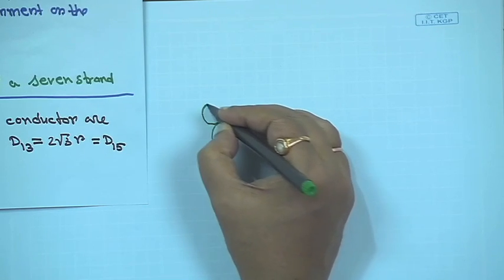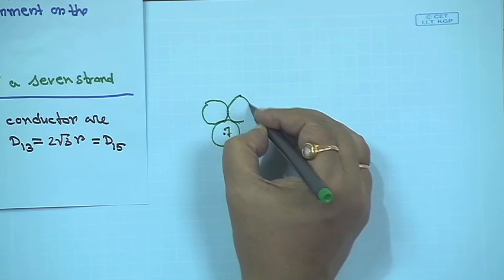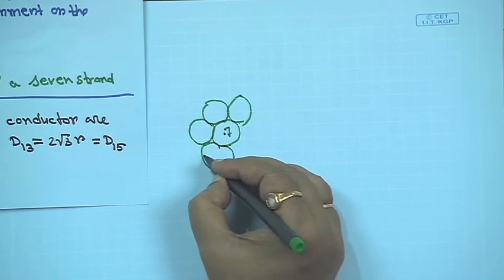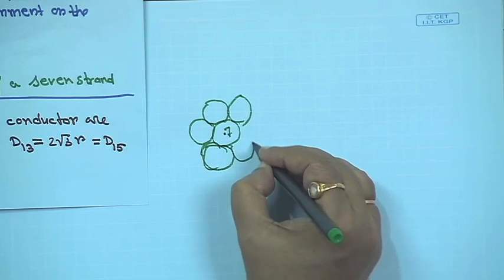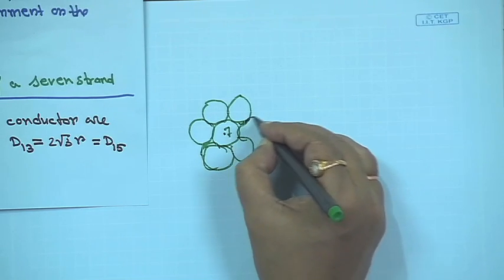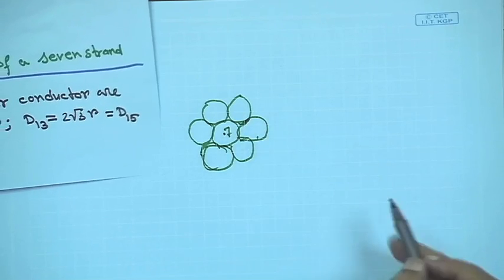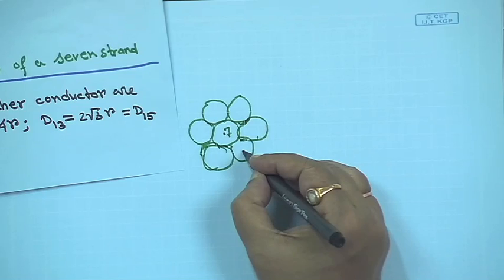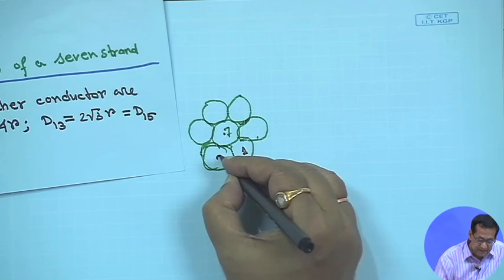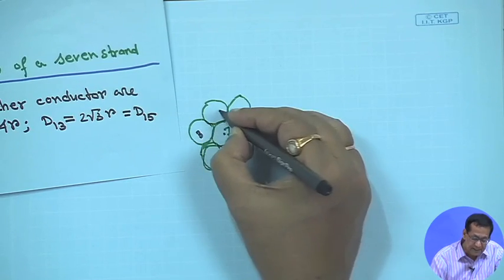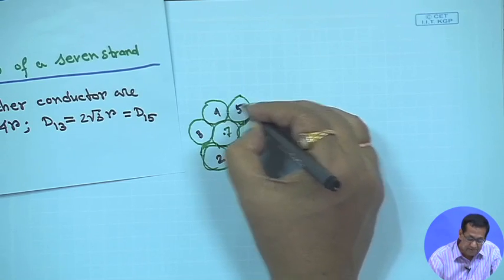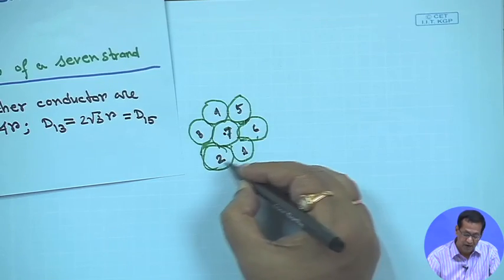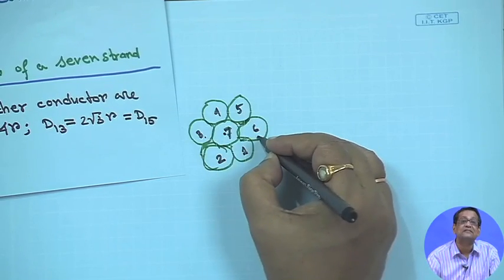Around this there are 6 conductors. Here this is 1, this is 2, this is 3, this is 4, this is 5, and this is 6. The central one is 7. So, 1, 2, 3, 4, 5, 6.